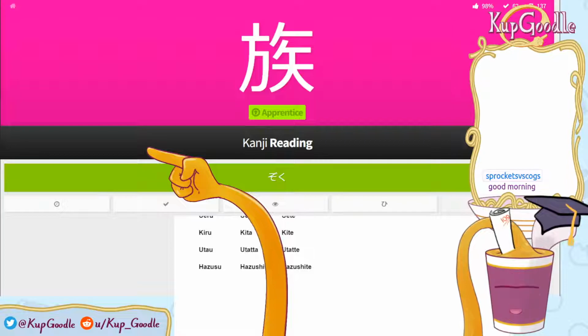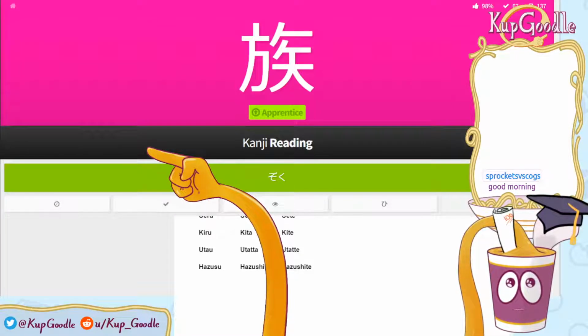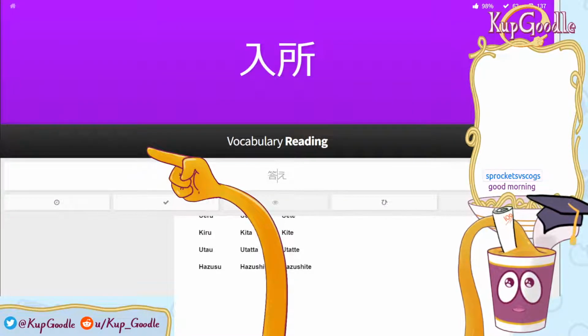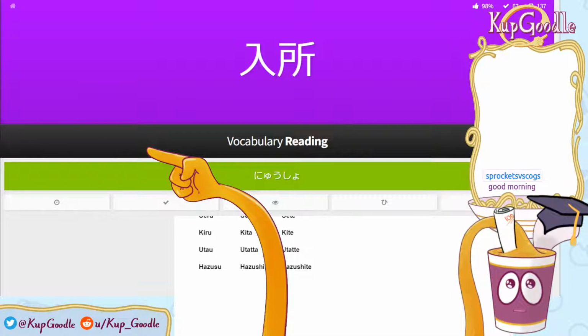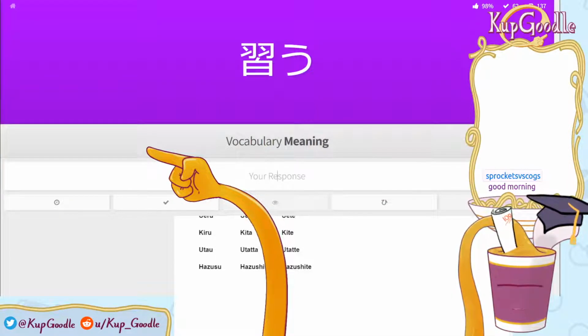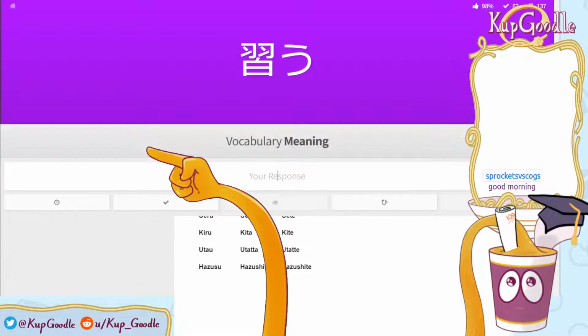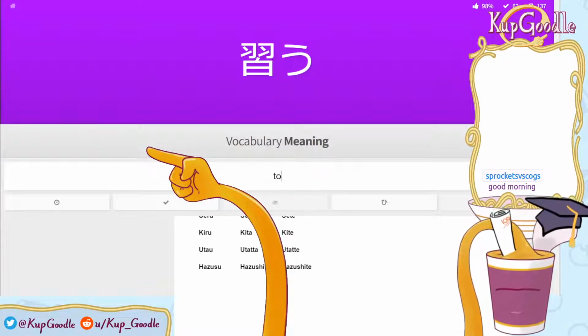It is Zoku, okay. Kazoku. New show. Going into get admission to the new show. Narao. That's to learn.